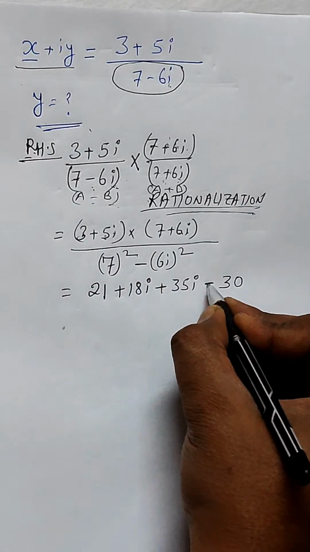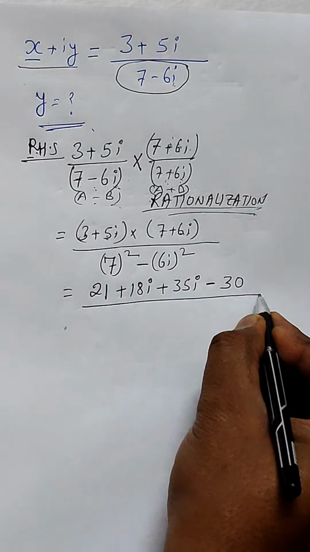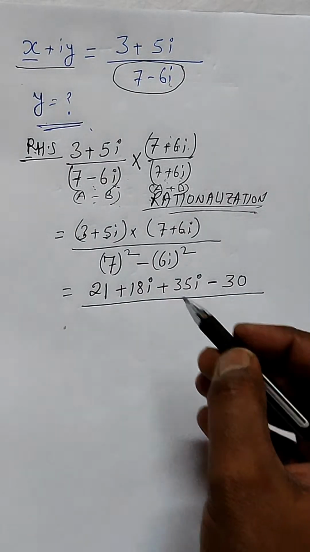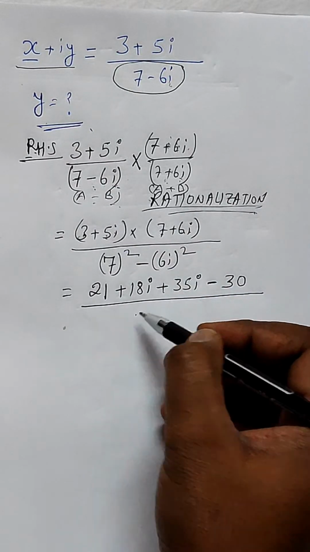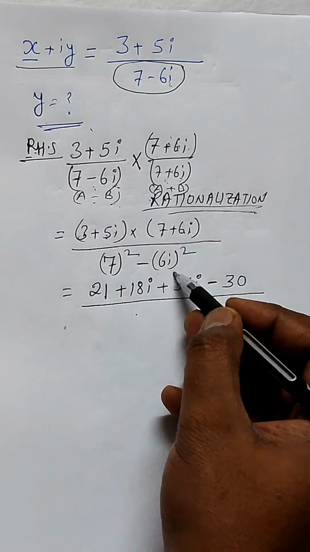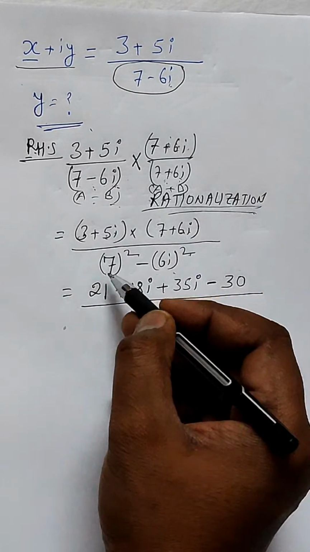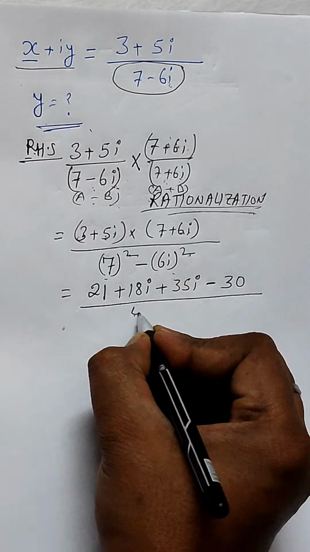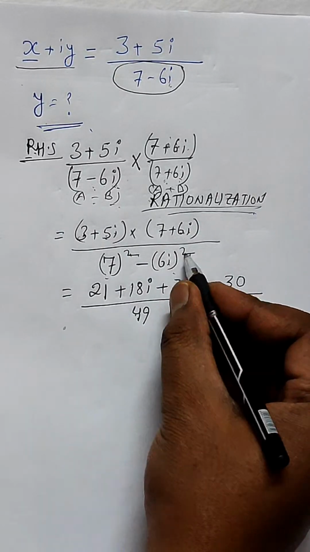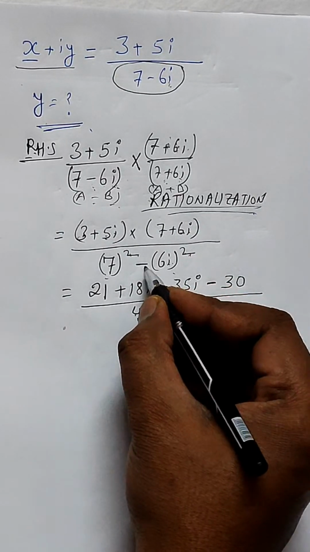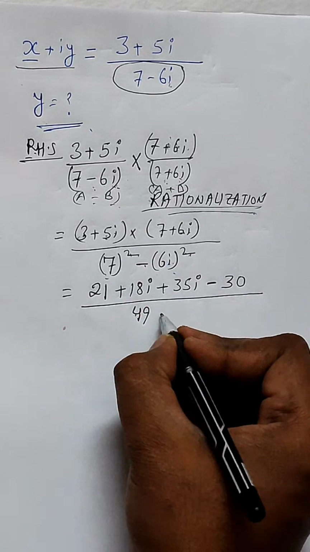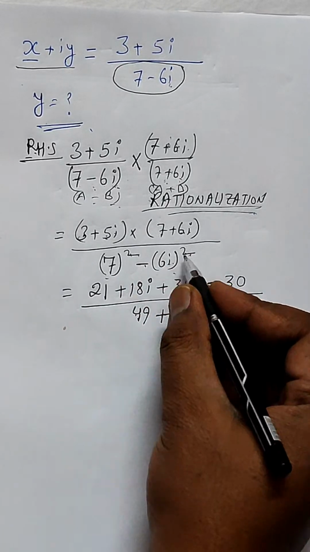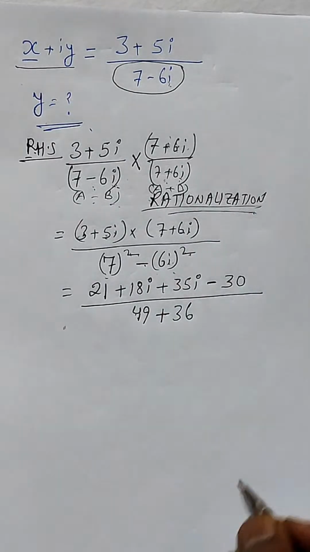So it will be minus 30, right? i square is minus 1, right? And in the denominator, we are having 7 square and (6i) whole square. So what is the value of 7 square? It's 49. i square is minus 1. This minus will be multiplied with this minus to get plus. Plus 6 into 6, 36, right?